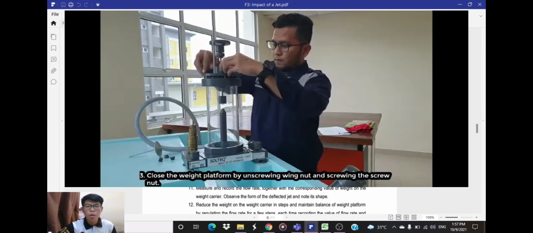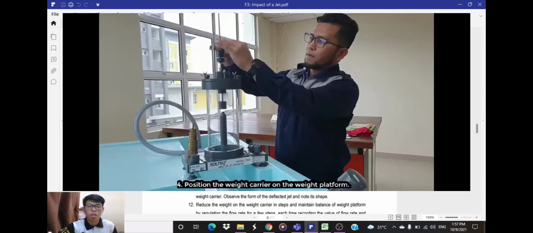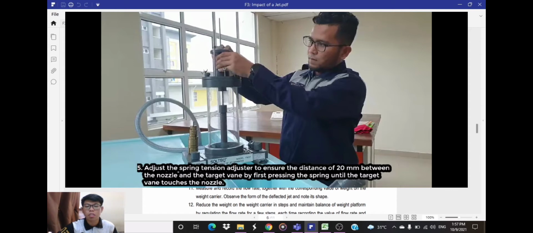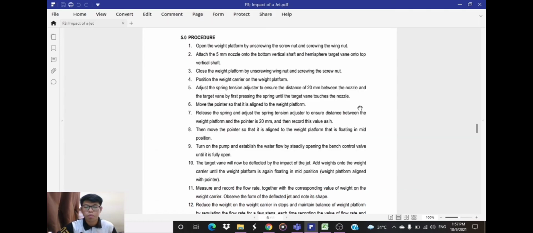Step 3, close the weight platform by unscrewing the wing nut and screwing the screw nut. Step 4, position the weight carrier on the weight platform. Step 5, adjust the spring tension adjuster to ensure the distance of 20mm between the nozzle and the target vane by first pressing the spring until the target vane touches the nozzle.